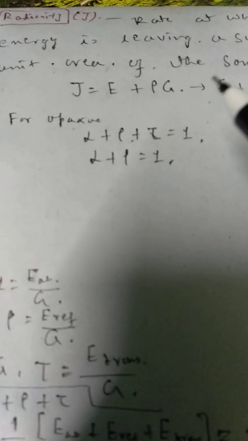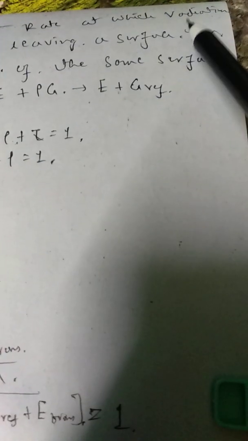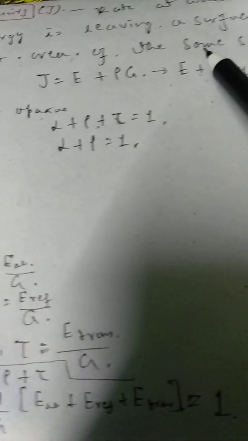Next we come to the next definition, that is radiosity. It is defined as the rate at which radiation energy is leaving the surface per unit area of the same surface.